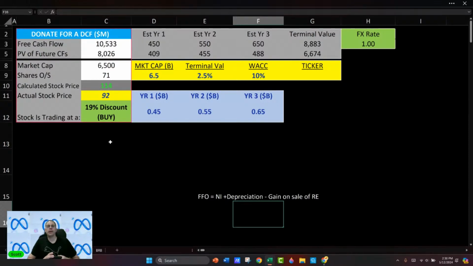It's similar to EBITDA or operating cash flow. Yeah, okay, I wrote it correctly. Sometimes.